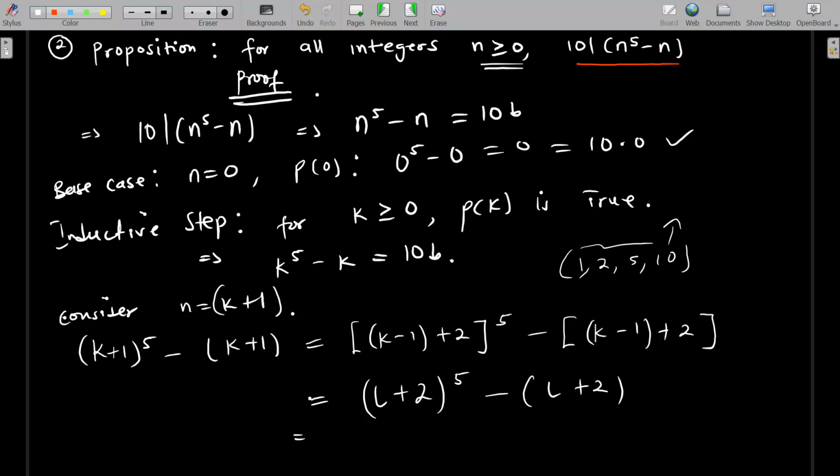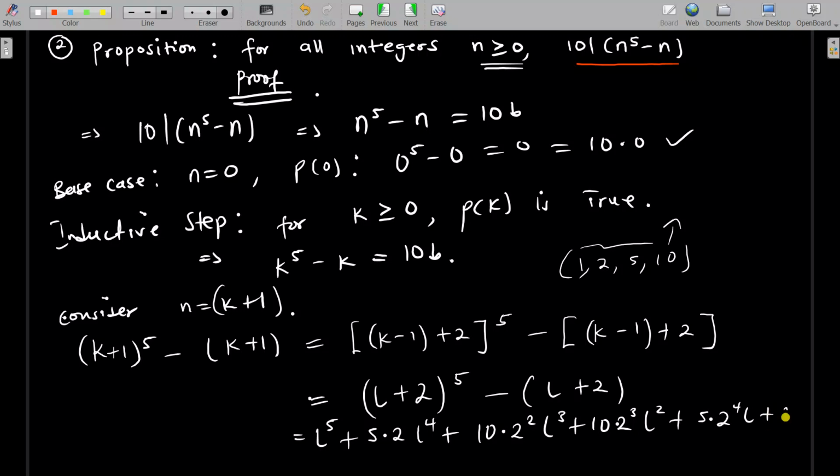If I expand this, it's going to give me L to the power 5, plus 5 multiplying 2, L to the power 4, plus 10 multiplying 2 squared, L to the power 3, plus 10 multiplying 2 cubed, L squared, plus 5 multiplying 2 to the power 4, L, plus 2 to the power 5. That's the first expansion. All of these minus L minus 2.